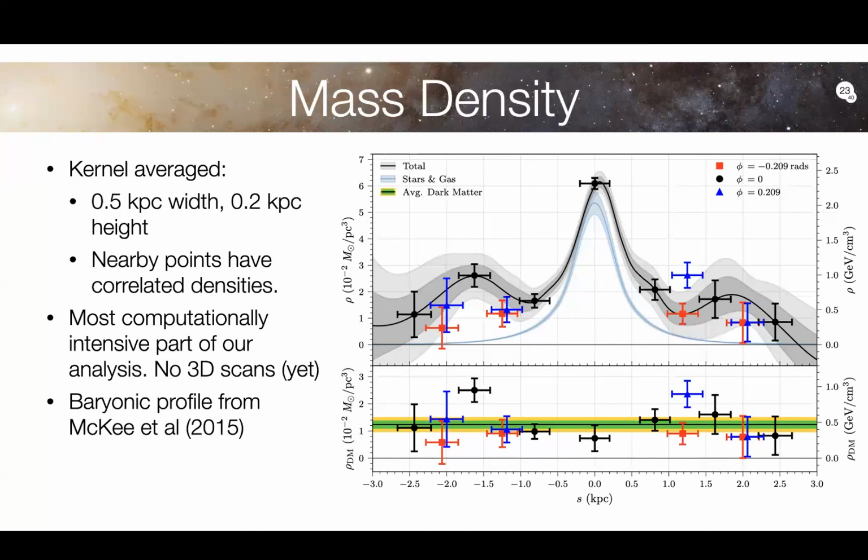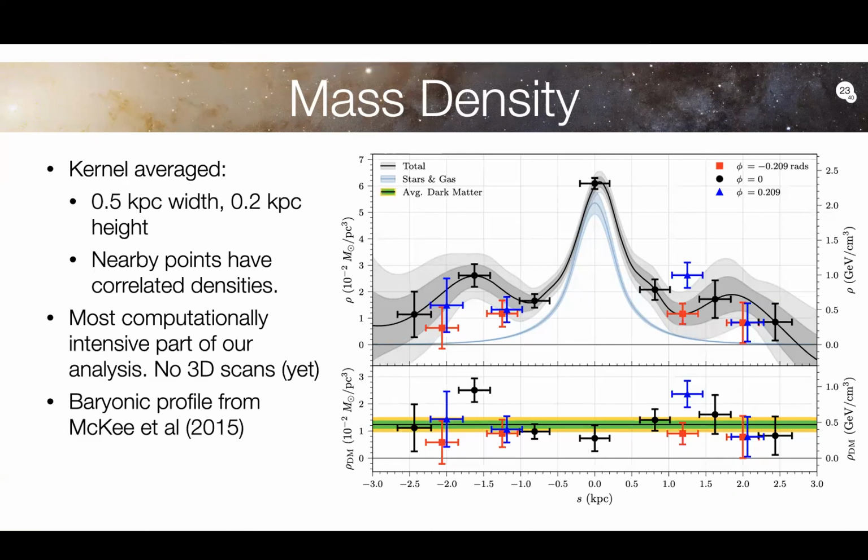We are far enough off of the disk that the baryonic component is completely irrelevant, because the dark matter is so dominant in every model. So you have to be very, very wrong out here for the baryons to add up, because that's far off the disk. One of the goals going into this project was to get more than 2 kiloparsecs off of the disk, because once you're over there, there's really no baryons to speak of.